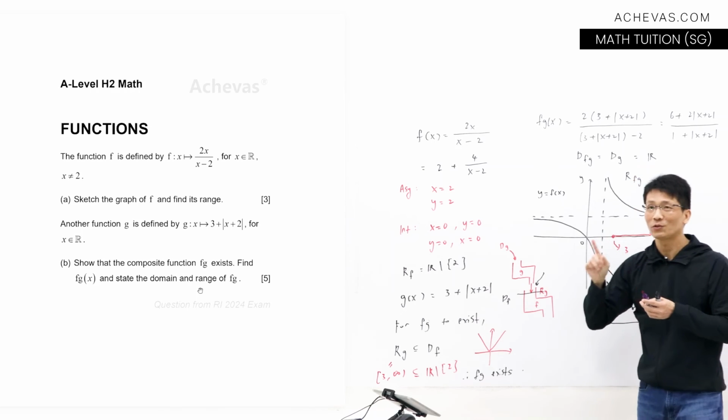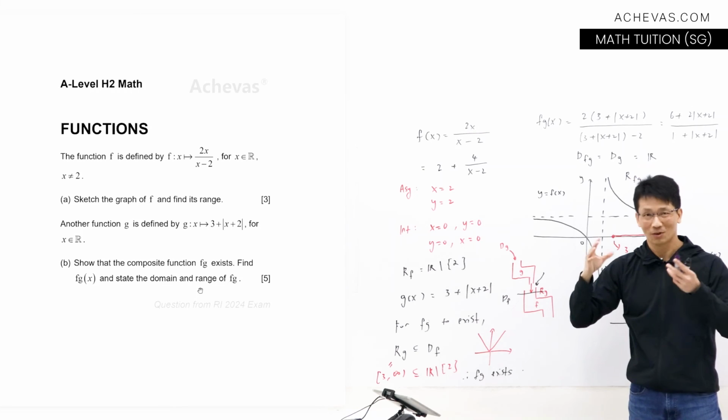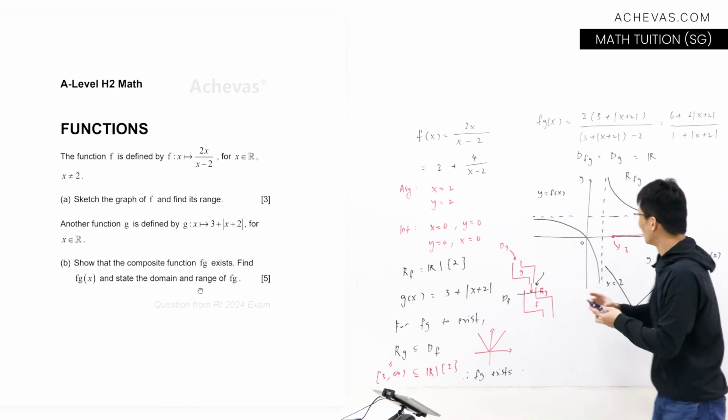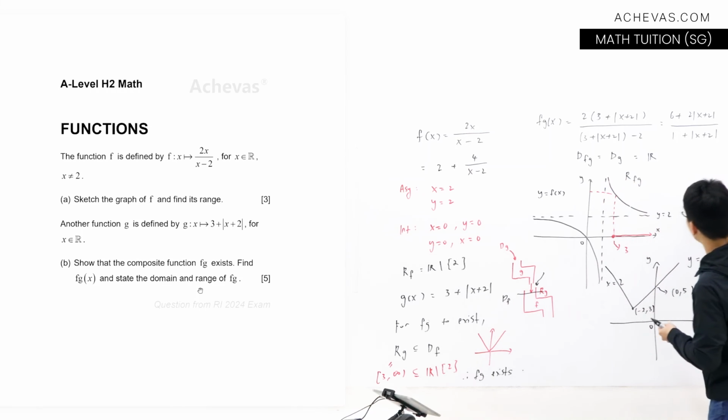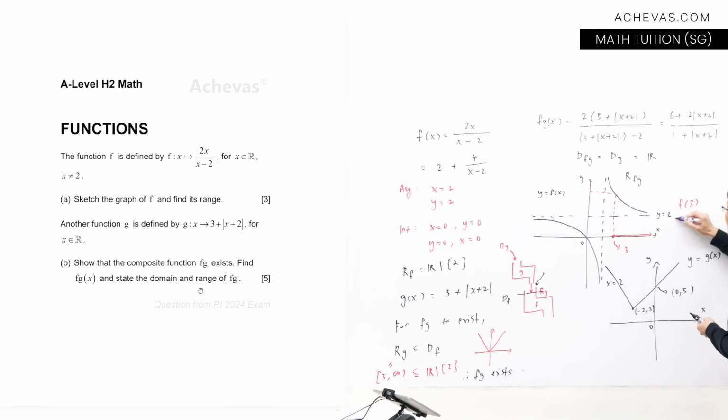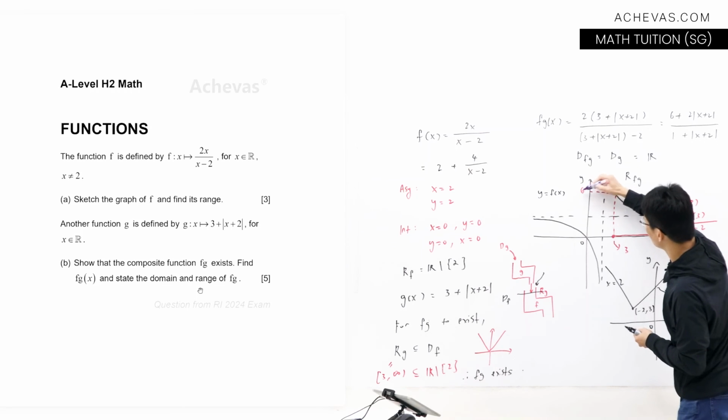That range will just be the range of the composite function. If I were to sub in the value of 3, I can see that f(3) will just be equal to 2(3) over 3 minus 2, which will give me 6. So I know this one will be 6.